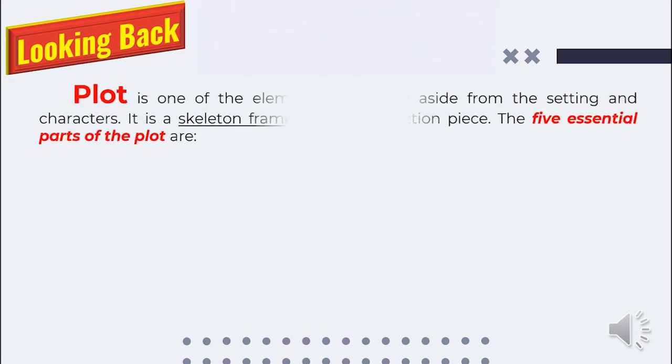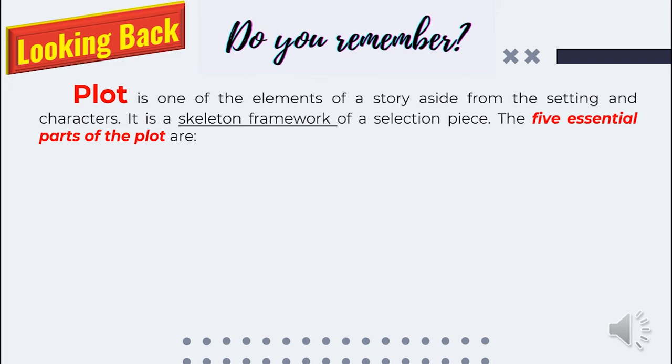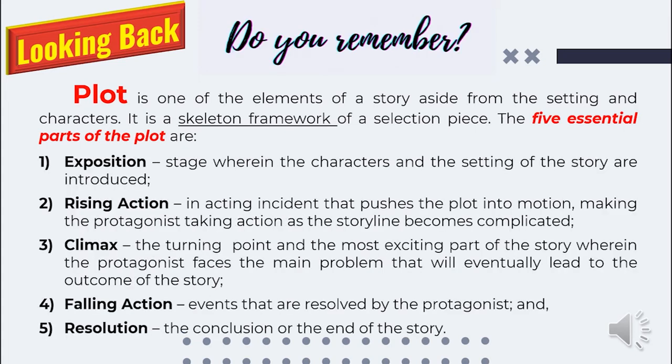Let's have a short review. Do you still remember that plot is one of the elements of a story aside from the setting and characters? It is a skeleton framework of a selection, and there are 5 essential parts of the plot. They are: first, the exposition, which is the stage wherein the characters and the setting of the story are introduced.